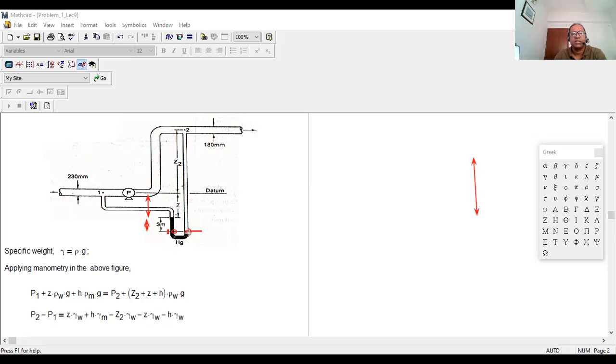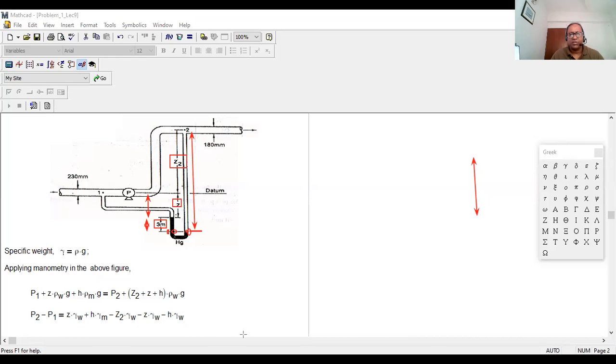So figure out pressure at this point from point 2. So for point 2, what is the height? P2 plus all the way coming from here to here. And all the fluid is water. So Z2 plus, you get this Z2 plus this Z plus this H. So Z2 plus Z plus H rho W G. Now you just simplify.